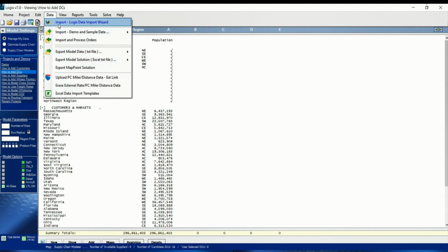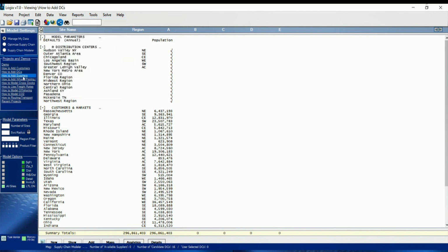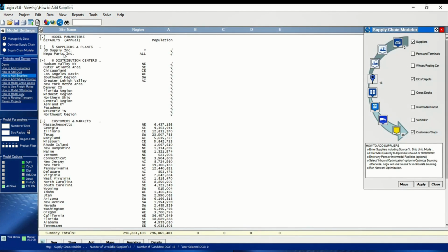We can import our data using the Logix Data Import Wizard, or in this case, we'll just click on the demo here, where that data has already been imported for us. Here again, we're seeing US Supply Incorporated and Megaparts as our two suppliers. We have our usual 16 distribution centers and depots, and again, our 48 customers with population data representing our demand.